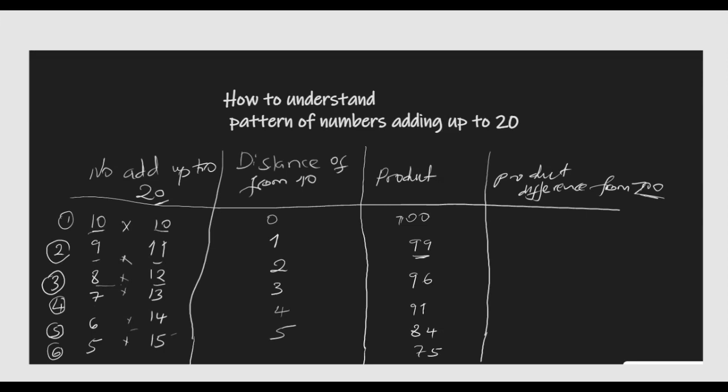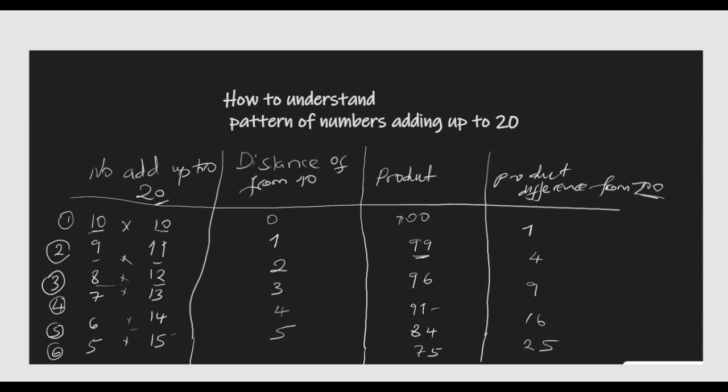So our main goal now is to look at what is 100 minus 99, 100 minus 96, we have 4, 100 minus 91, we have 9, 100 minus 84, we have 16, 100 minus 75, we have 25. Okay.